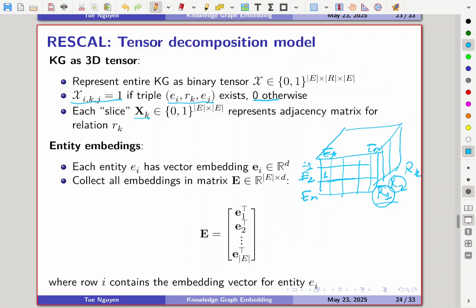So the goal is to learn the embedding for the entity E_i in R^d. And if we collect all the embeddings, we will get a matrix E here, in which each row is a vector that is the embedding for the corresponding entity. So this is the E1 embedding. This is the EN embedding.